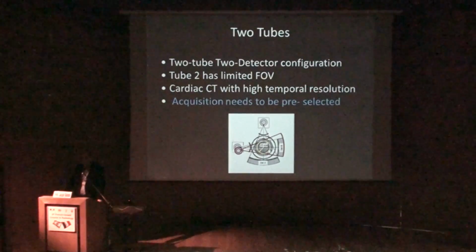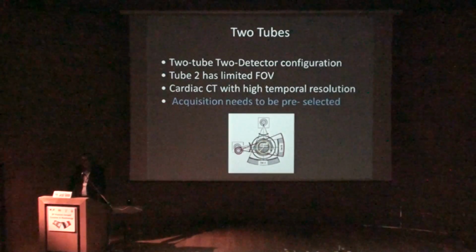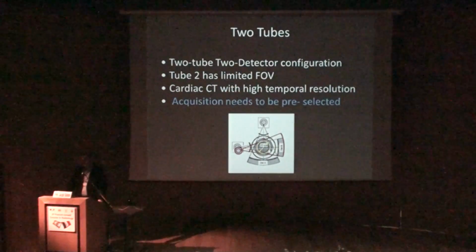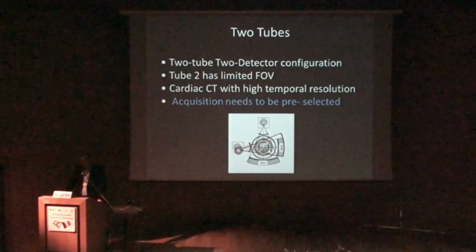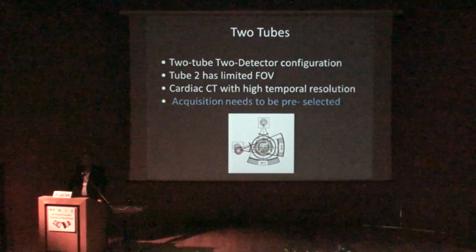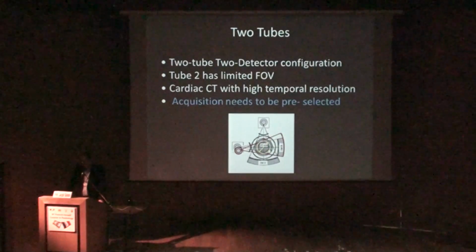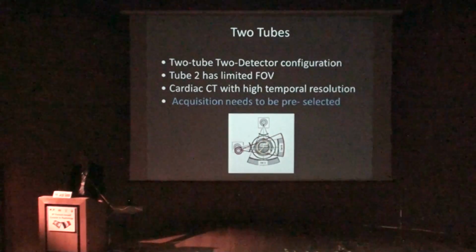I don't know how many of you have dual energy scanners, but if you use the Q tubes, you need to decide in advance whether you use the dual energy, because you need to decide if to use 80 and 140 kVp in each tube, and this needs to be pre-selected.